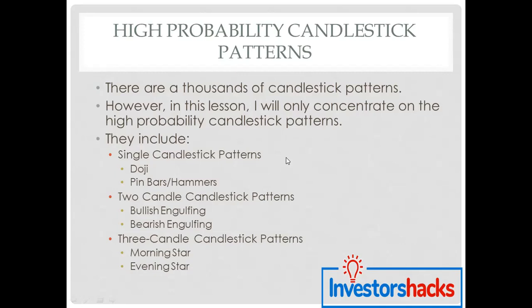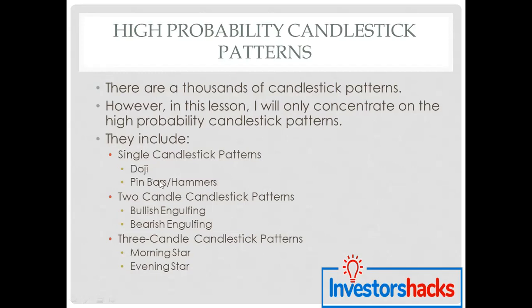Number one classification is single candlesticks patterns. Number two classification is two candlesticks patterns. And number three classification is three candlesticks patterns. With single candlesticks patterns, here we say that you rely on only a single candlestick. Examples here include dojis.